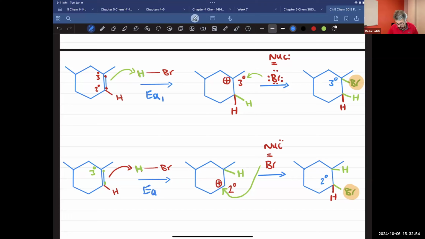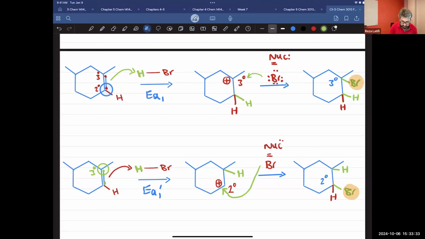Let's call this one the first reaction, the second one the second reaction. In the first one, if you add the acidic hydrogen that comes from the acid to a carbon that has more hydrogen attached to it, you will get a carbocation that is tertiary. Whereas if you add it to a carbon that has higher order, it's already tertiary, you will get a carbocation with lower order. Okay, I have a tertiary versus a secondary.